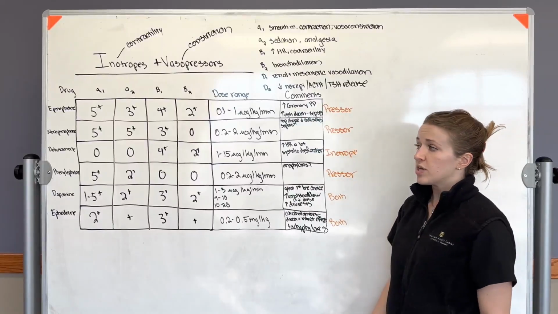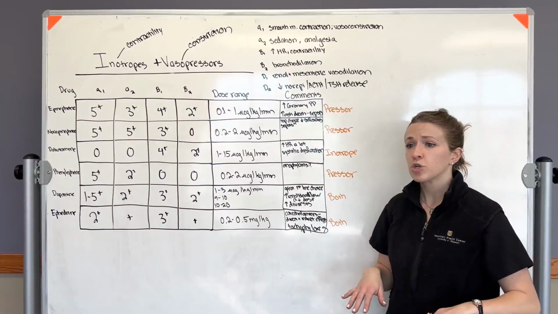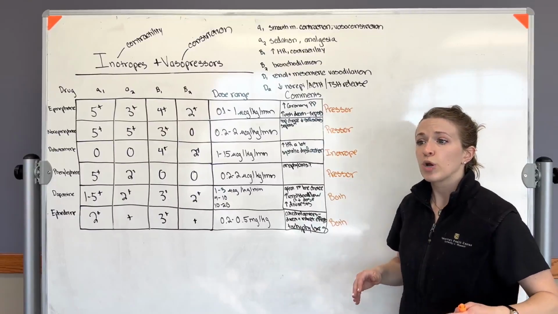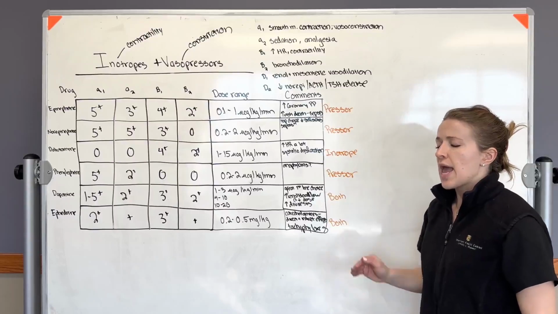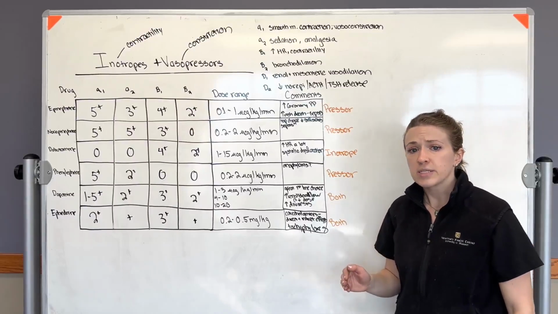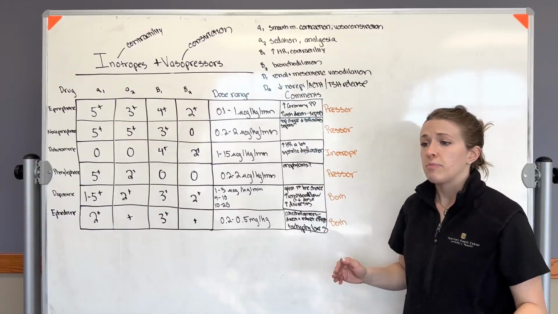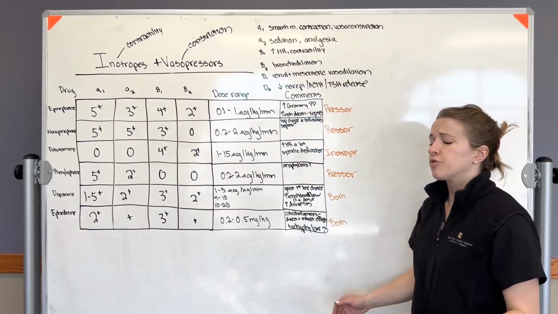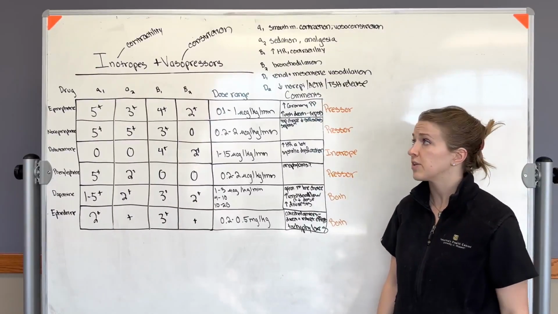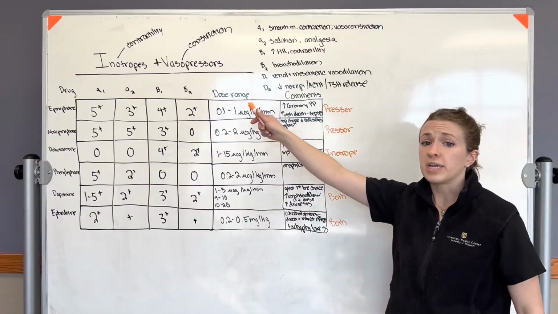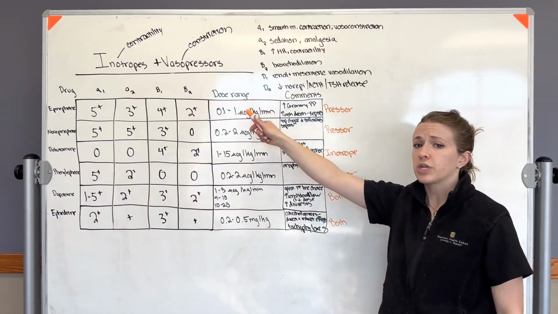A lot of these drugs have action at multiple receptors, but some of them have stronger action at individual receptors than others. Based on this, they are classified according to their primary mechanism of action. If their primary mechanism of action is to increase heart contractility, that drug is called an inotrope.